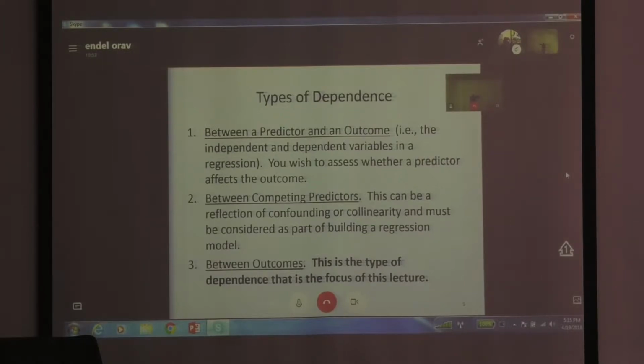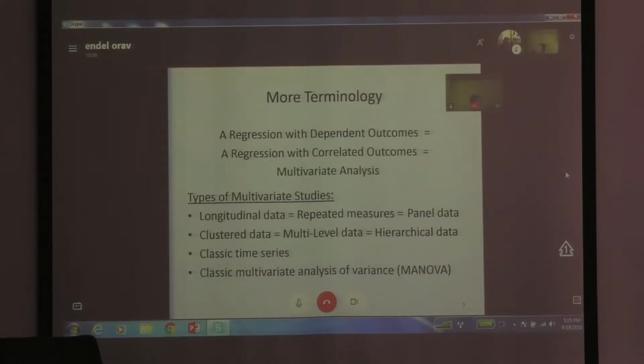So dependence between outcomes. So a regression model where you have dependent outcomes, or if you want to say a regression model with correlated outcomes, is called a multivariate analysis. So those three are synonyms.